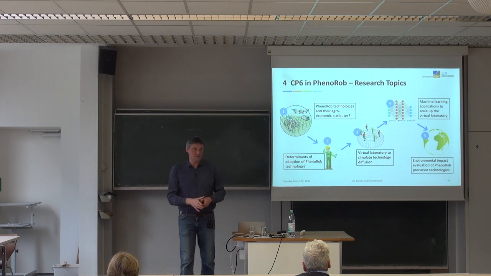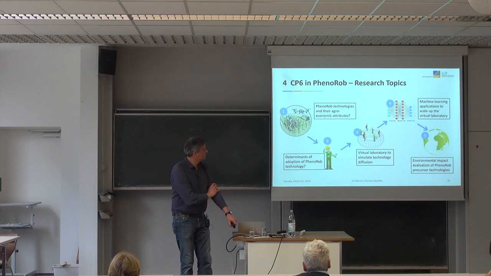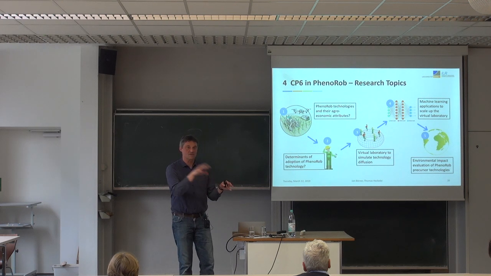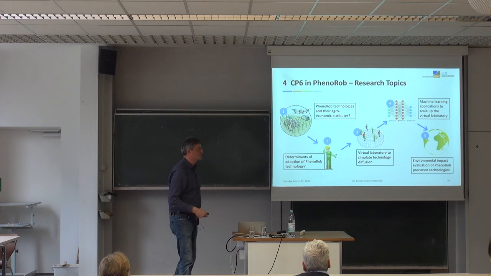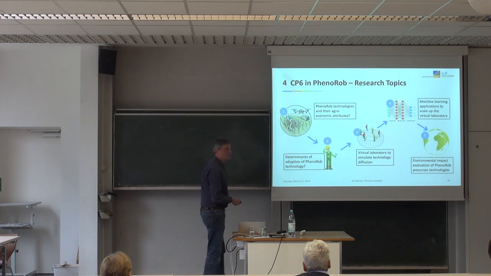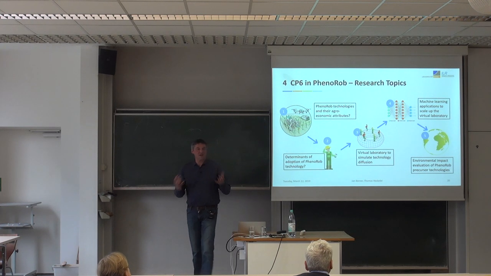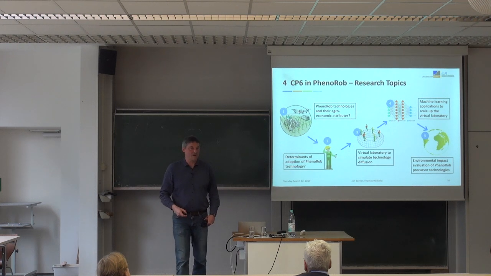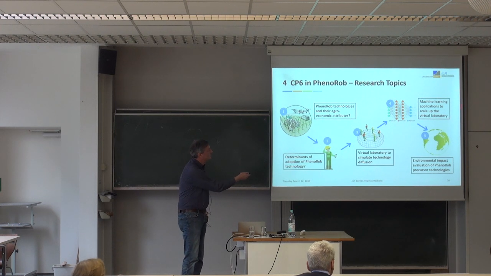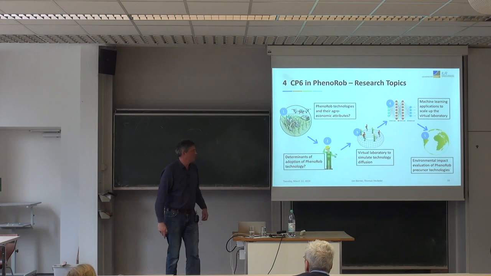So one of the innovations that we want to bring in is to combine our activity with machine learning. There will be a joint PhD project, I hope, if it's approved at some point, with computer science, where we develop a surrogate model of a complex farm model to speed up the application of the virtual laboratory.